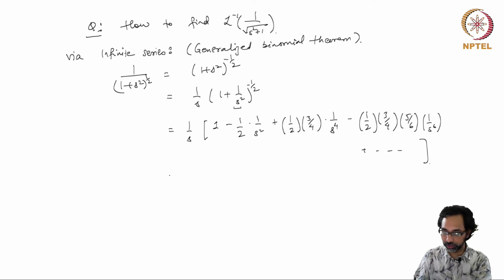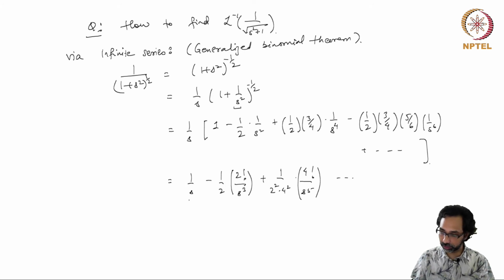This is an infinite series, and it can be rewritten as 1/s − (1/2)(2!/s³) + (1/(2²·4²))(4!/s⁵), and so on.